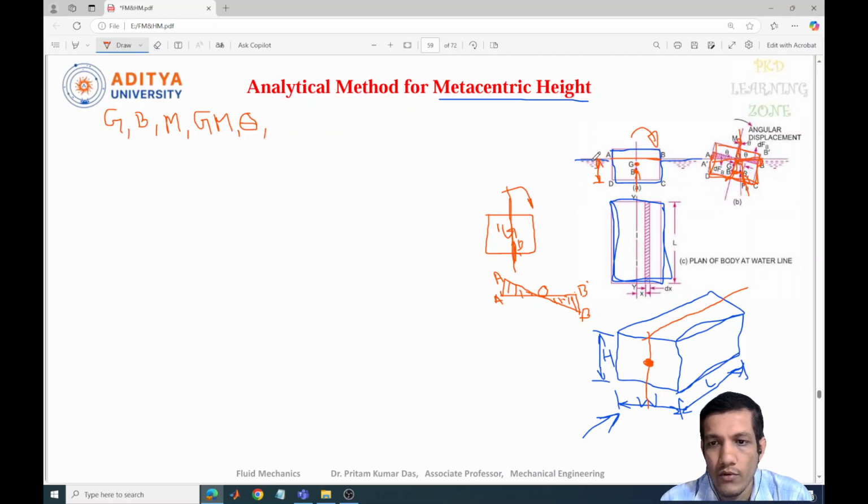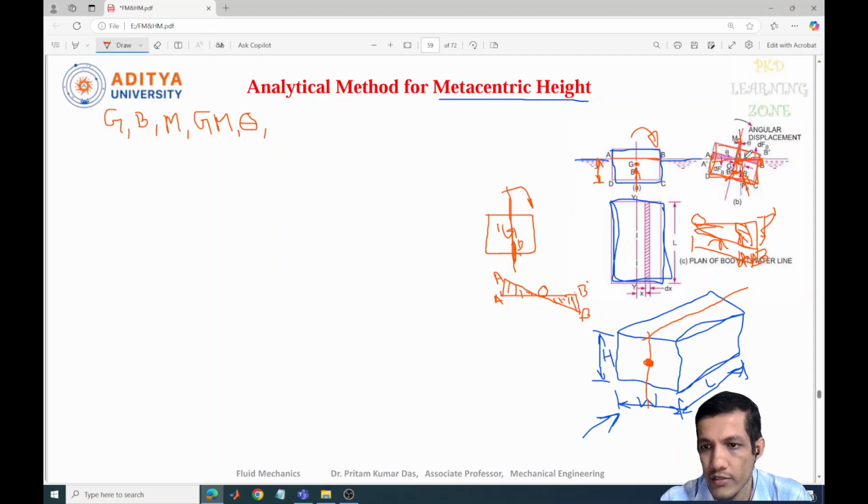Now to derive the metacentric height of this body, let me consider a small strip of this object. Suppose this is the O point, this is the B dash point, and this is the B point. The strip is at a distance of x from the axis line, and the thickness of the strip is dx.